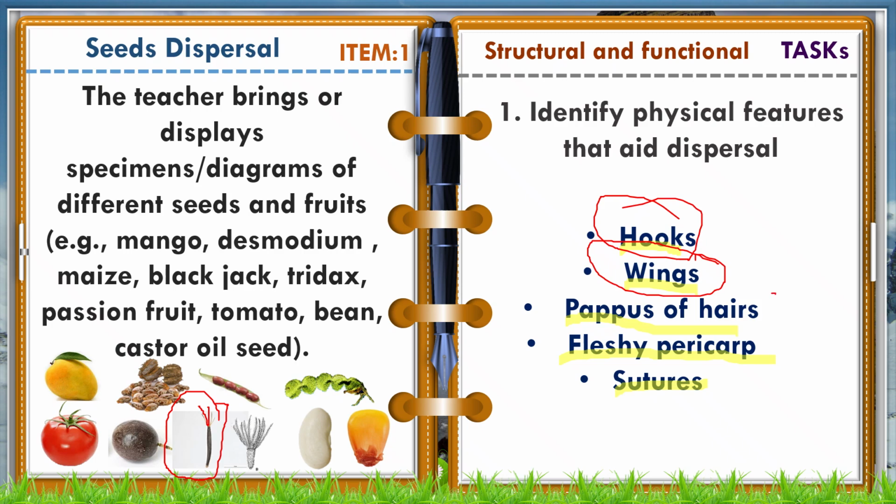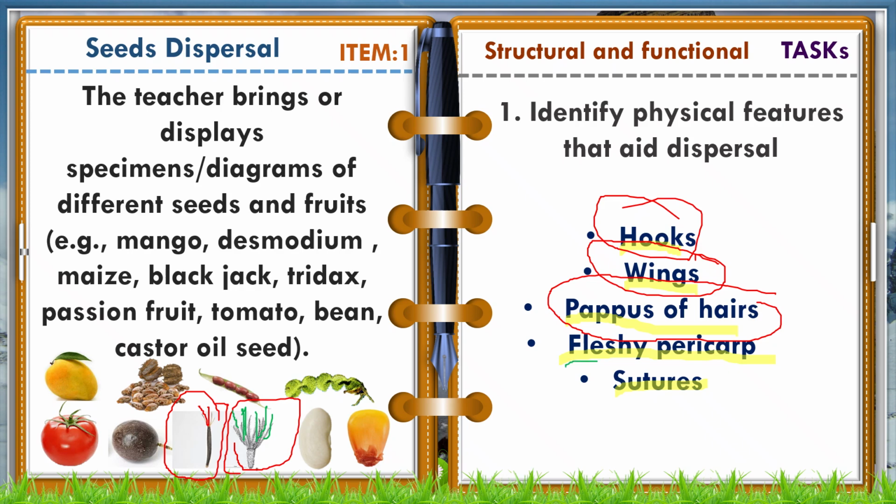Then we have purpose of hair. This one you will find on maize. It has got hair-like structures, which we call purpose of hair.